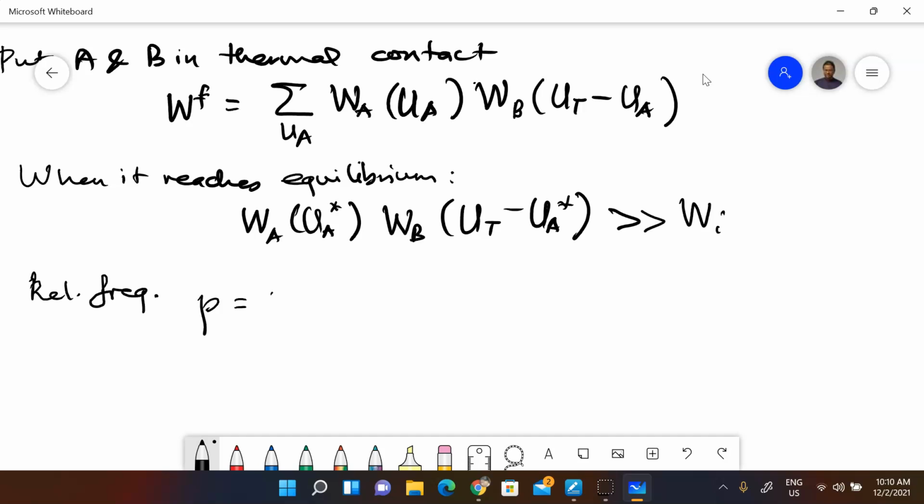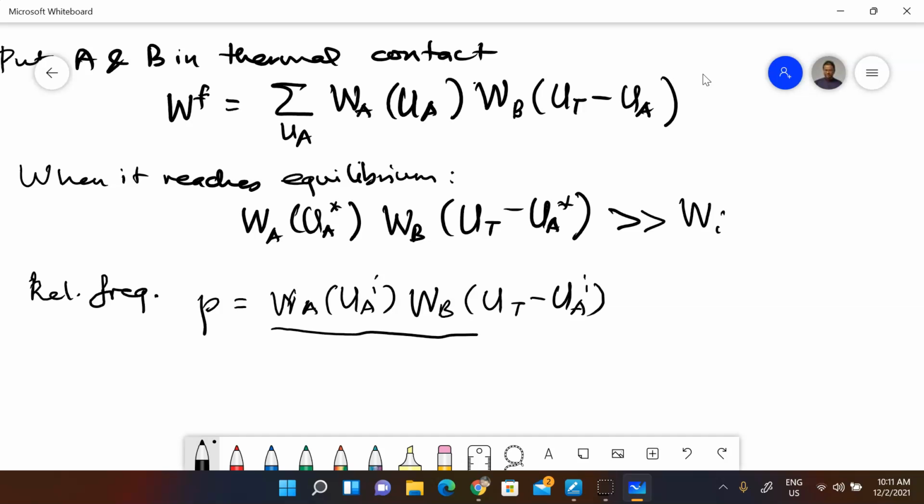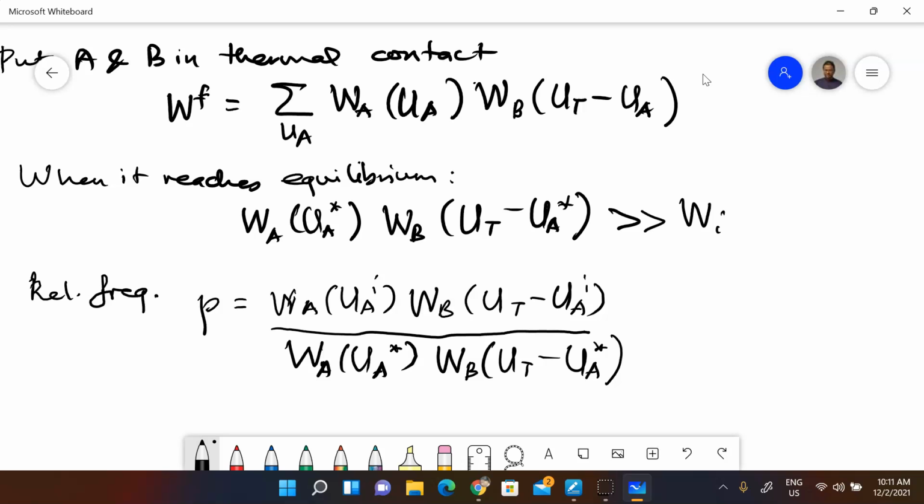For example, for the initial state, divide by WA at equilibrium, and since this is going to be very much larger than that, this is going to be very small.